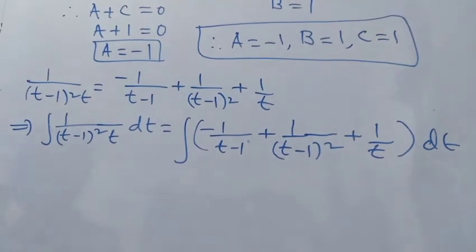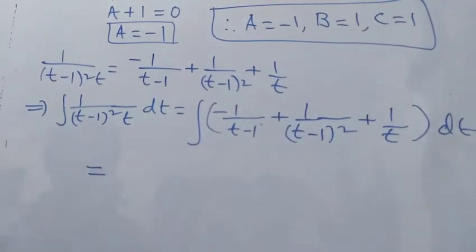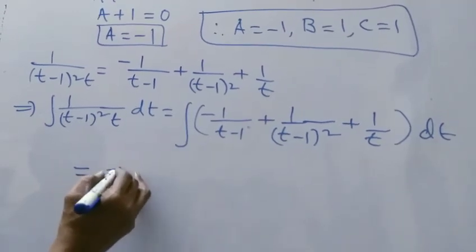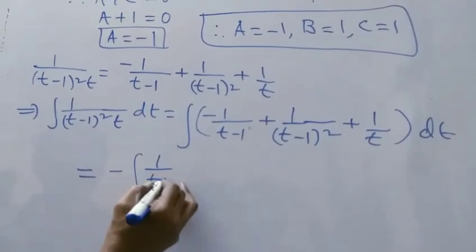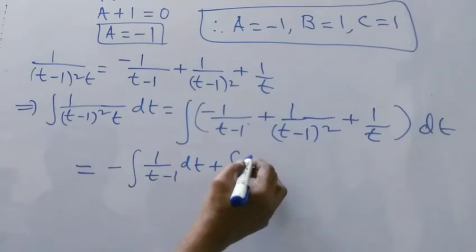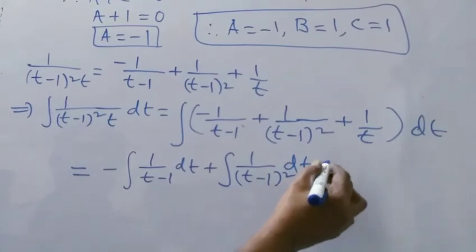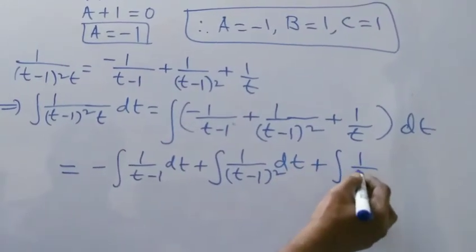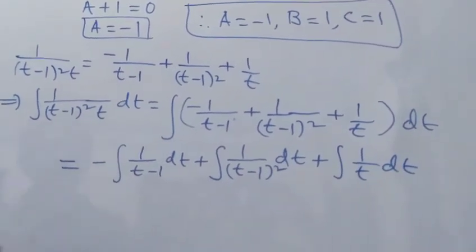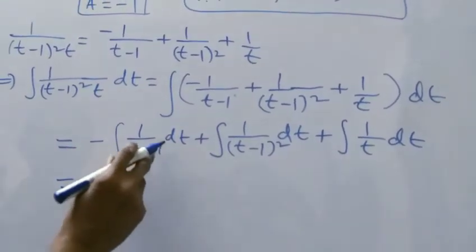It becomes minus integral of 1 by (t minus 1) dt plus integral of 1 by (t minus 1) whole square dt plus integral of 1 by t dt, is equal to minus integral of 1 by (t minus 1) dt.